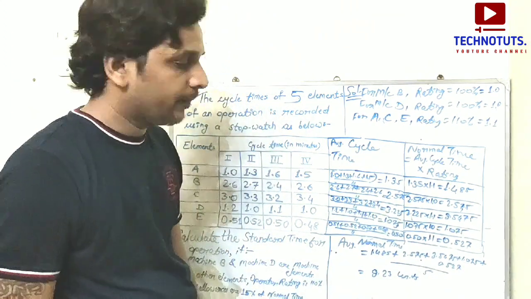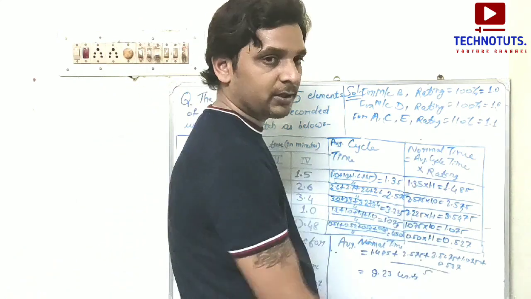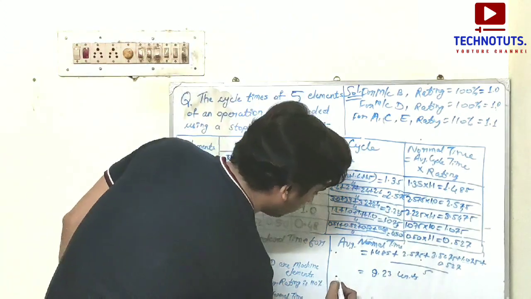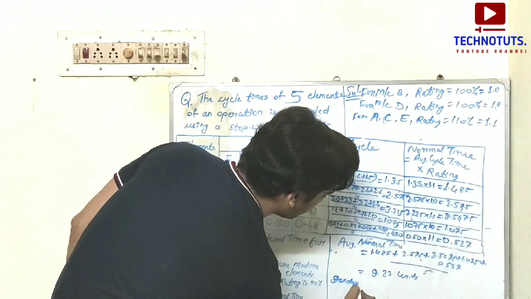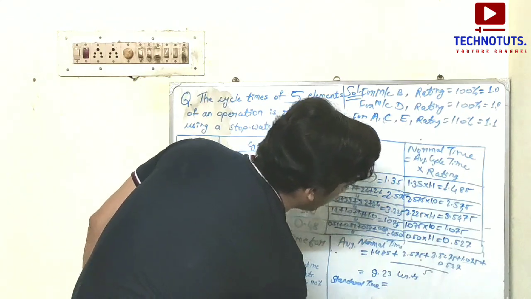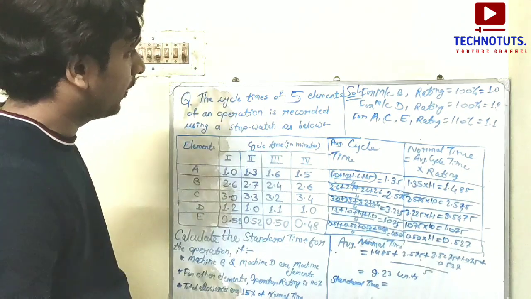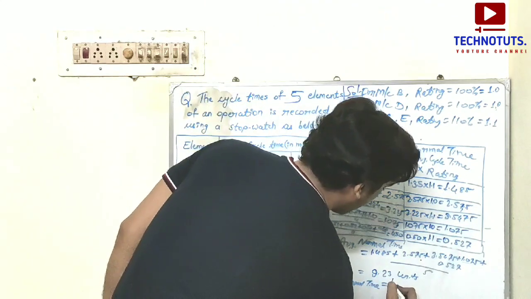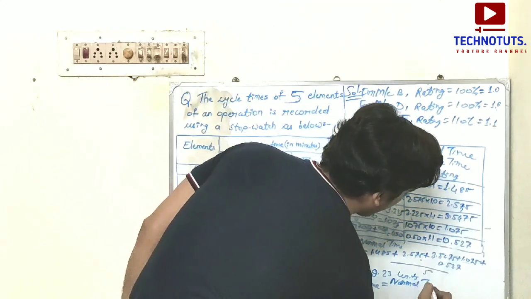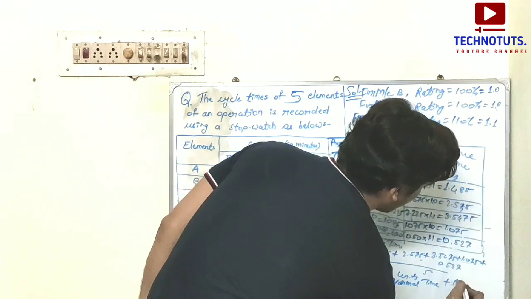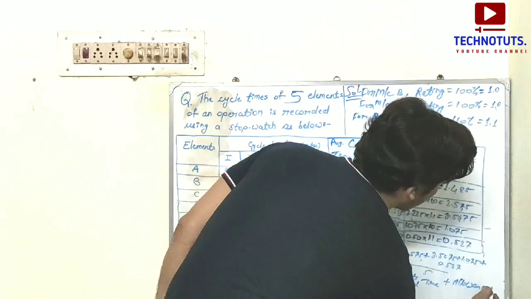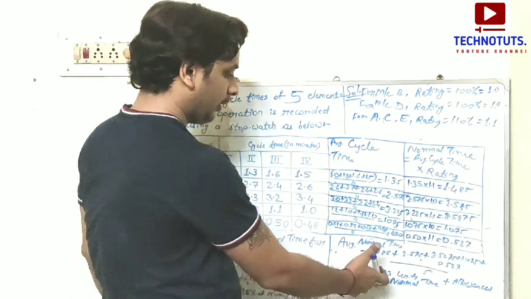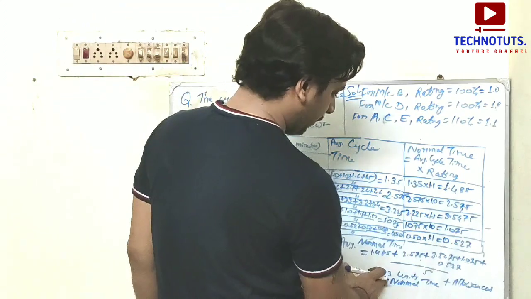Okay friends, now we have calculated the average normal time for this operation. Now we have to calculate standard time. We know that standard time is equal to normal time plus allowances. We have already calculated the average normal time, that is 9.23.